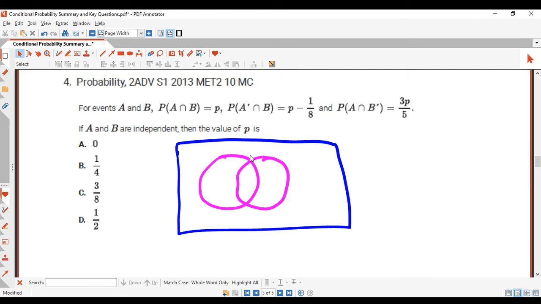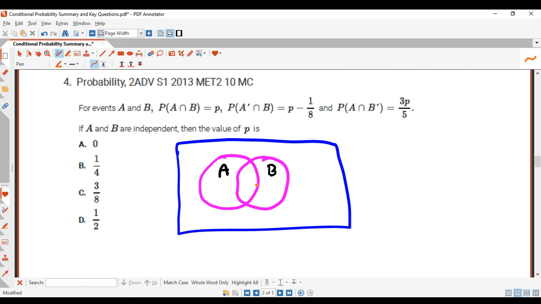There we go. All right, so we've got A and we've got B. So let's label those. So A and B.